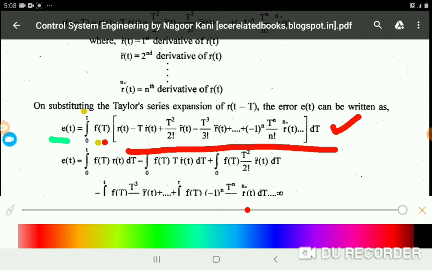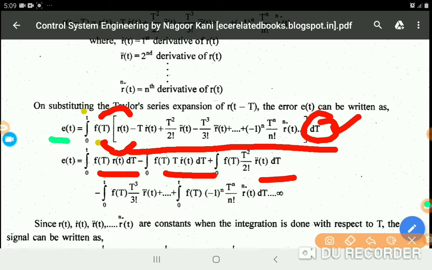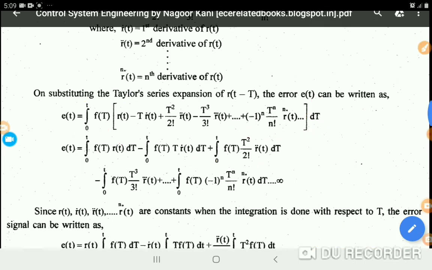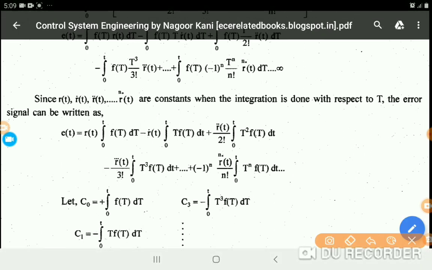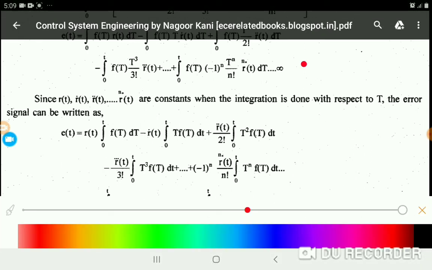Now multiply f of t into each term within the bracket, so it becomes f of T r of t dT, then f of T, with T as the dummy variable, r dot of t dT. Similarly it goes on up to the infinite value.